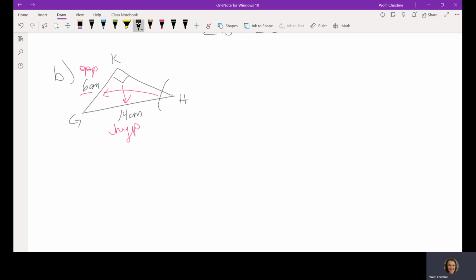Sine, okay? So my setup would be sine of angle H is equal to O over H. Sine of angle H is equal to the opposite side, which is the 6, divided by the hypotenuse, which is the 14. Because we are looking for an angle, we have to press shift. We just did an example like this.